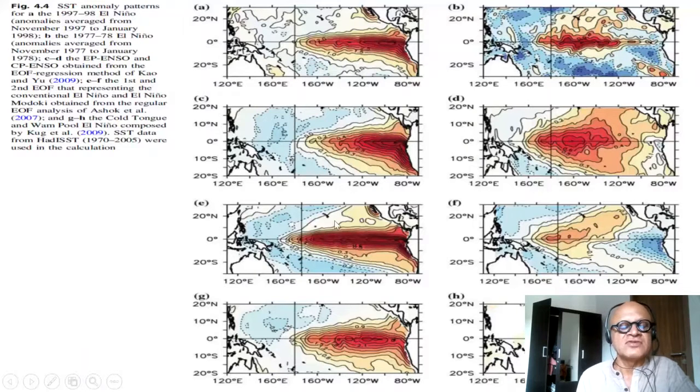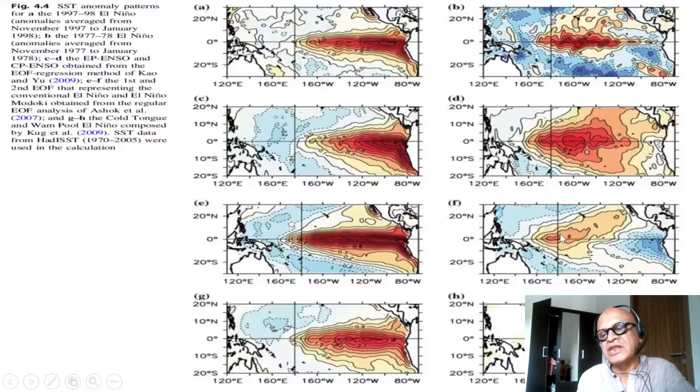They are extracted using either directly the SST anomalies or using regressions of EOF of the SST anomalies, and take the time series and regress them against the SST anomalies and so on.